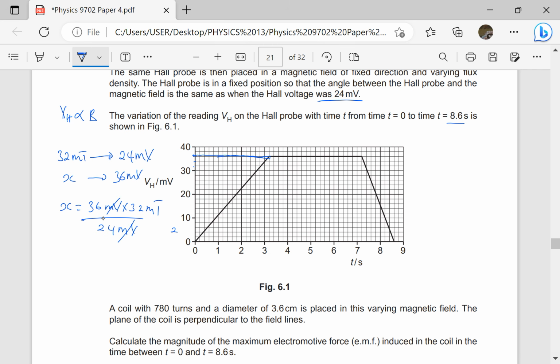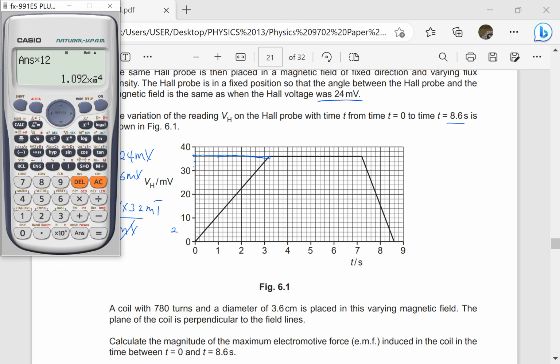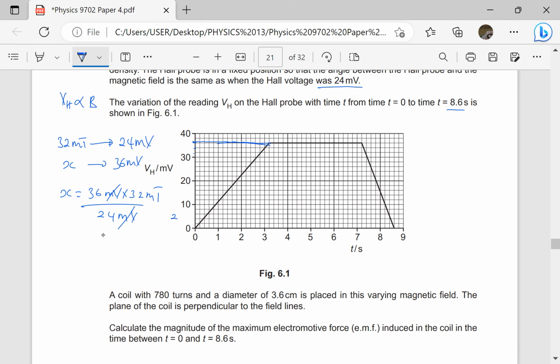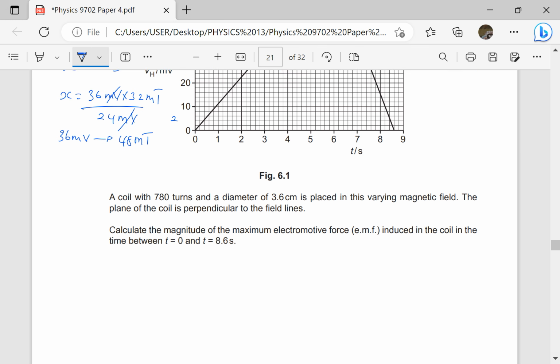The millivolts cancel. I want the value of magnetic flux density corresponding to the maximum value of VH here, which is 36. So 36 times 32 divided by 24 is 48. It means 36 millivolts corresponds to 48 milliteslas. Okay, so let's now move to the question.